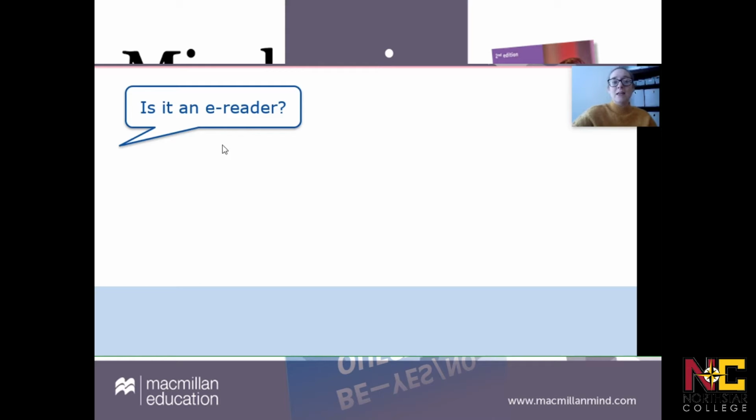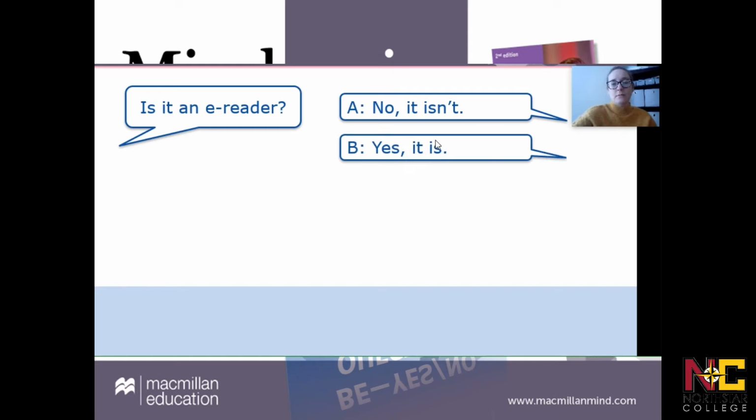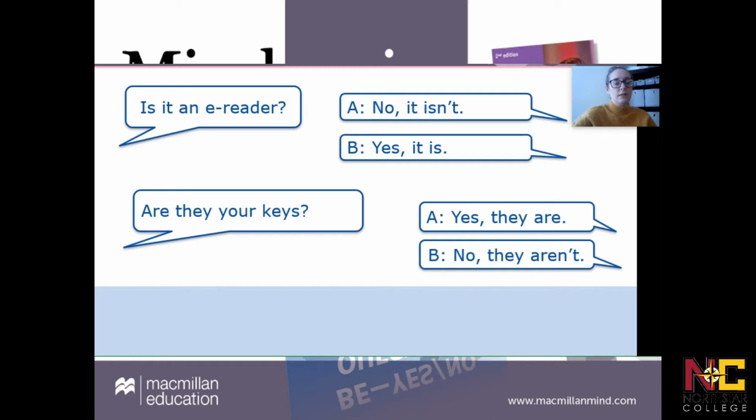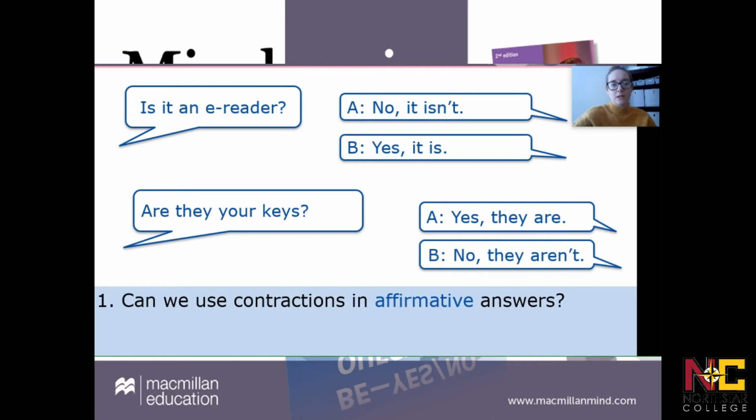Is it an e-reader? No, it isn't. Yes, it is. Are they your keys? Yes, they are. No, they aren't. Number 1, can we use contractions in affirmative answers?